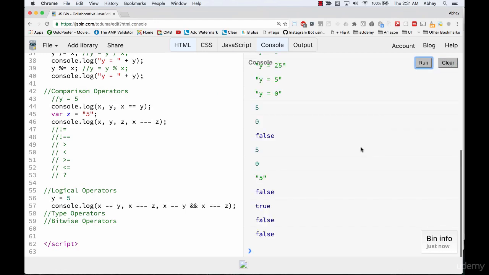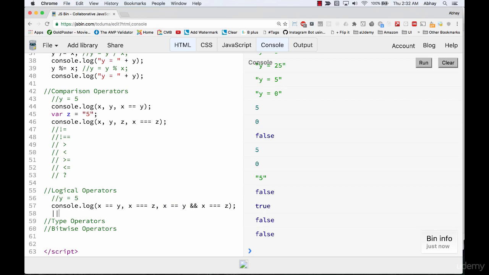Let's try and run again. And the answer is true, false, false. You see, true for x equal to y, true for x equals z, and false for this condition because x equal to y is true, but x equal to z is not. Similarly, there are other logical operators that we will see in greater detail in the future lectures.